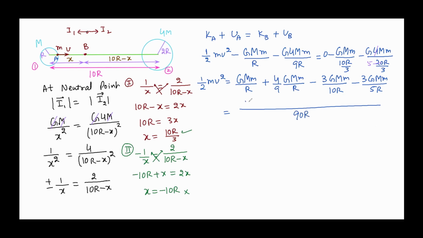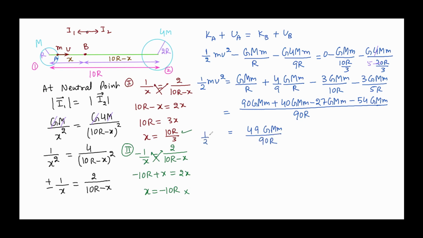So it will be 90 GMm, 40 GMm, 27 GMm, and 54 GMm. If I simply solve it, I will get 49 GMm upon 90r.